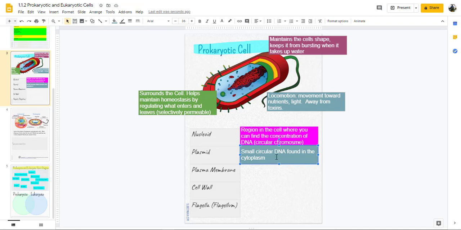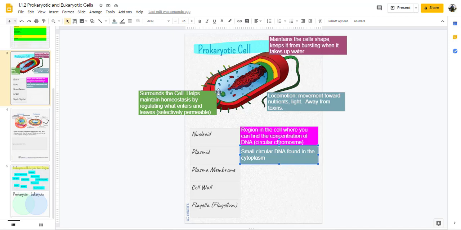Bacteria will take plasmids up from the environment, and it's an easy-ish way for scientists to get genes that don't belong to the bacteria inside of the bacteria. So plasmids are small pieces of DNA that are just free-floating out there in the cytoplasm.